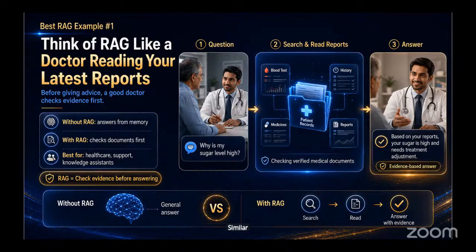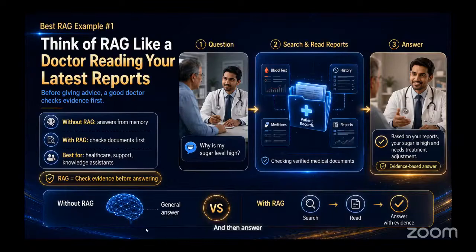Similarly, an LLM without RAG answers from old memory, but an LLM with RAG checks updated reports and then answers.